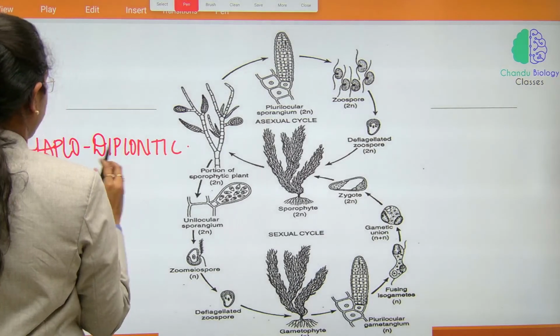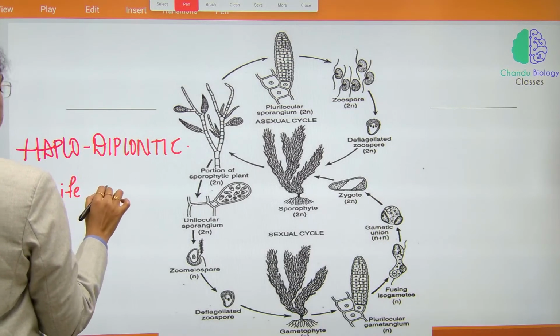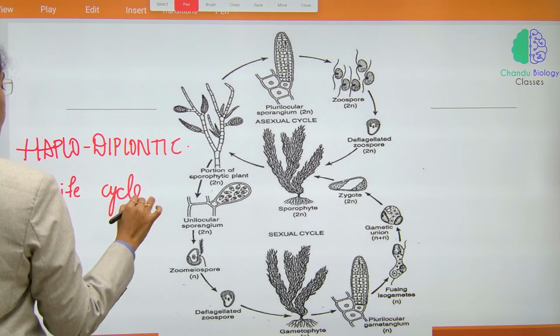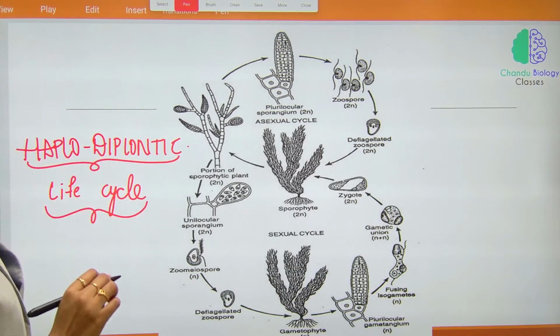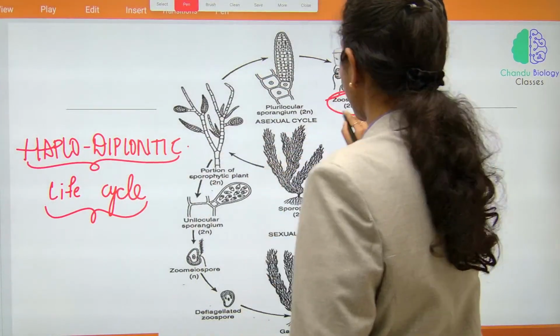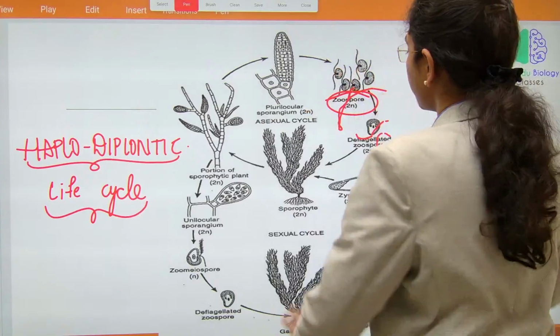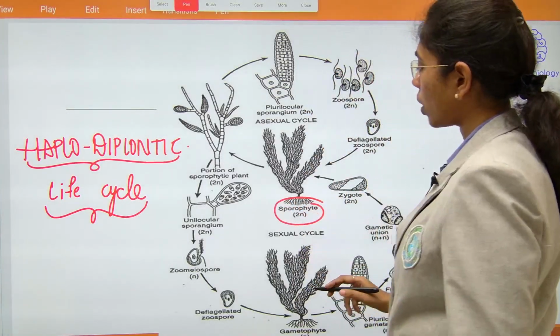You can take a note of this life cycle. Here you observe zoospores which are formed from the main sporophyte, which is diploid.